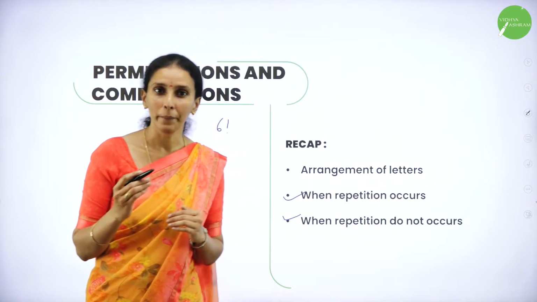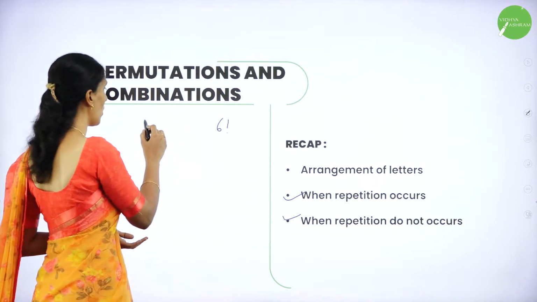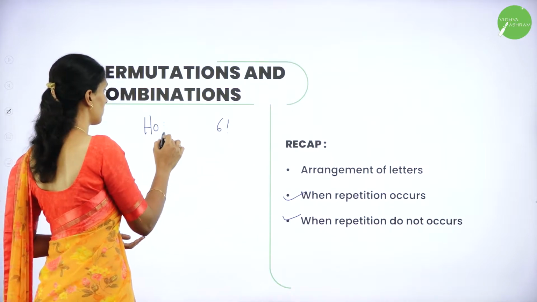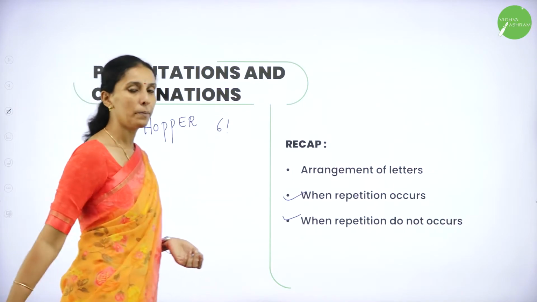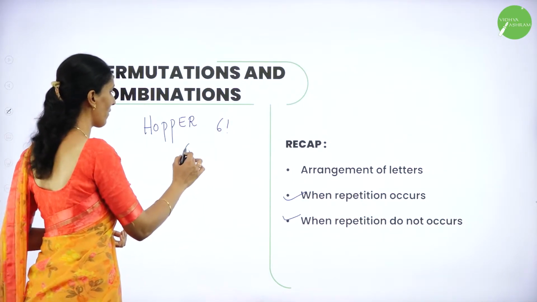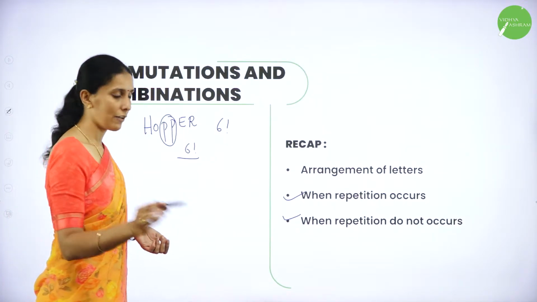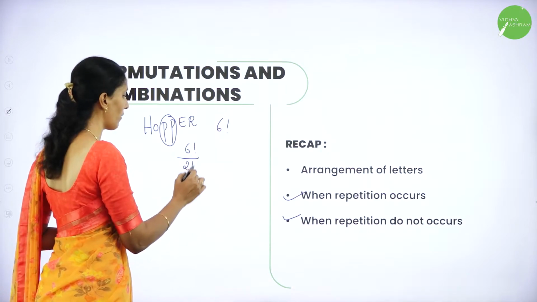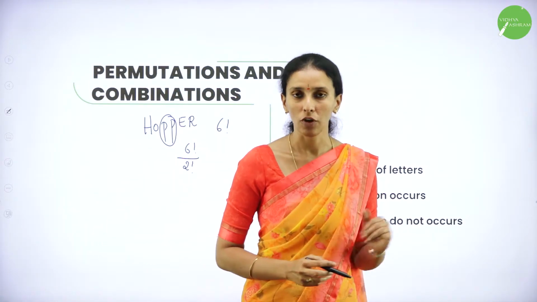Suppose you have many letters repeated, then what happens? For example, I'll take hopper. What is the permutation of these letters? The permutation of these letters is also 6 factorial, but letter P is repeated 2 times. Therefore, you have to divide it by 2 factorial. This is how it works when repetition occurs in terms of words.